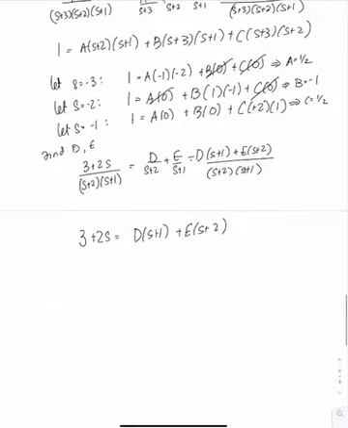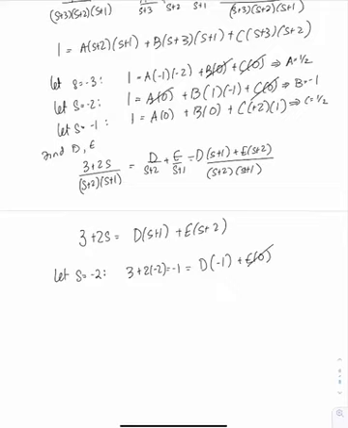And once again, just plug in the roots one by one. Let s equals negative 2, and what do we get? 3 plus 2 times negative 2, which is minus 1, equals d times negative 2 plus 1, that's negative 1, plus e times 0.